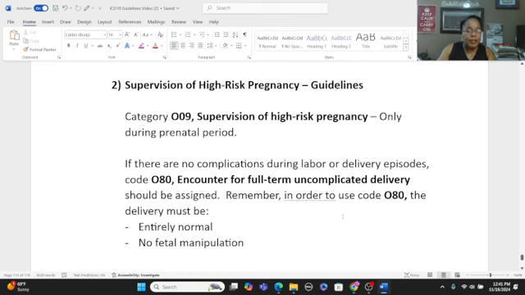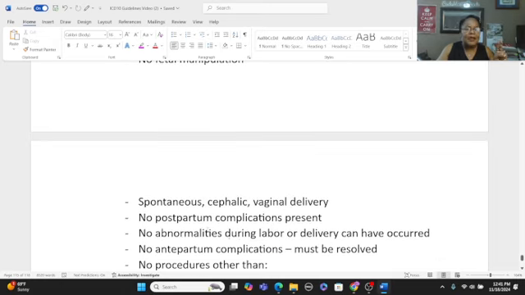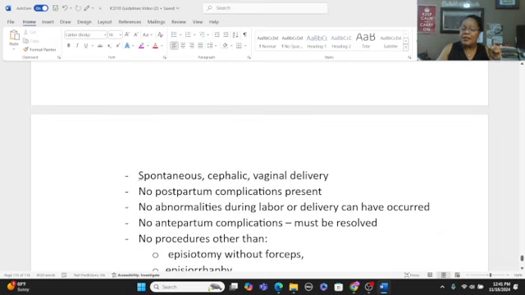But remember, in order to use code O80, the delivery must be entirely normal, no fetal manipulation, it must be spontaneous, cephalic, which means head first, vaginal delivery, no postpartum complications present, no abnormalities during labor or delivery can have occurred, no antepartum complications. If there were any antepartum complications, they must be resolved before this admission.